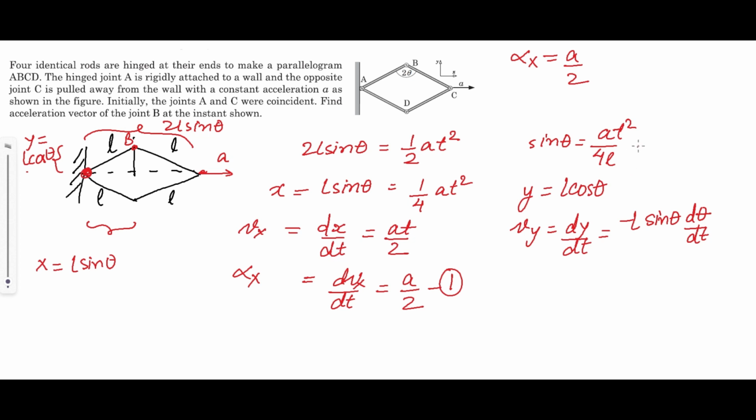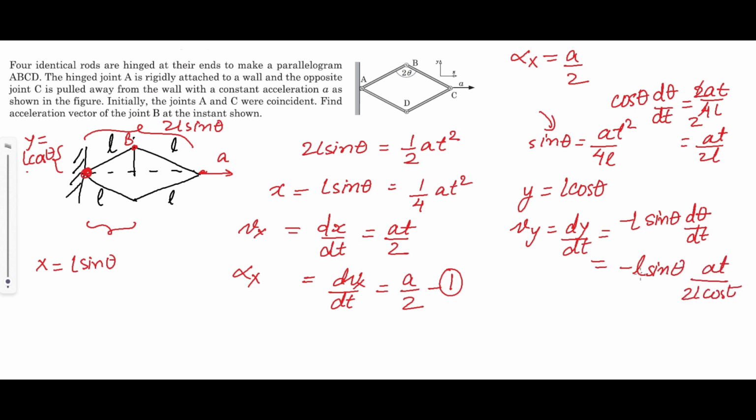If we differentiate sine theta, we obtain that cos theta d theta upon dt must be equal to 2at upon 4L, that's equal to at upon 2L, or d theta by dt must be equal to at upon 2L cos theta. We'll cancel the L's out and we are left with minus at tan theta by 2. To get alpha y, we take dy by dt.